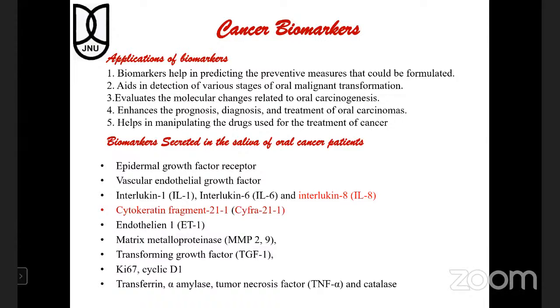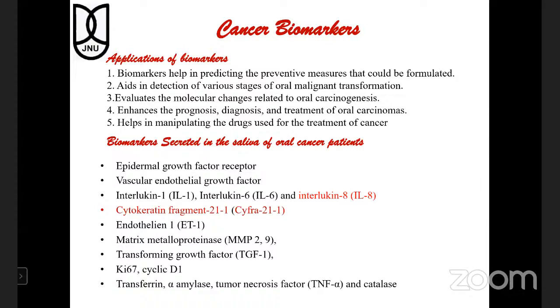If we choose biomarker-based diagnosis, it helps to predict preventive measures that could be formulated. Knowing the concentration of the biomarkers in saliva or serum samples, we can predict which type of disease it is and which type of treatment is required.